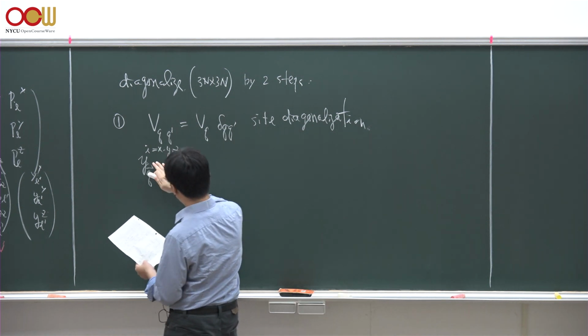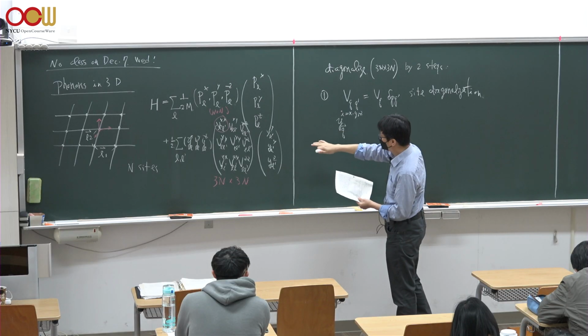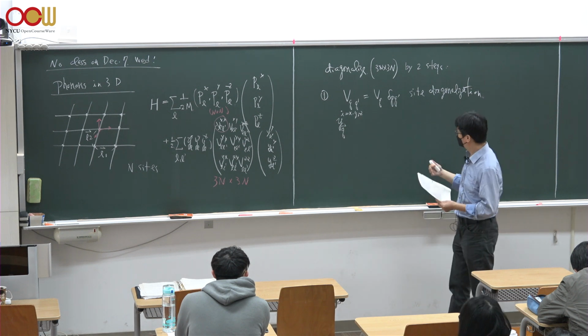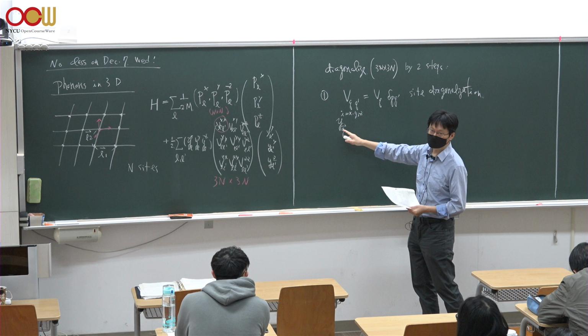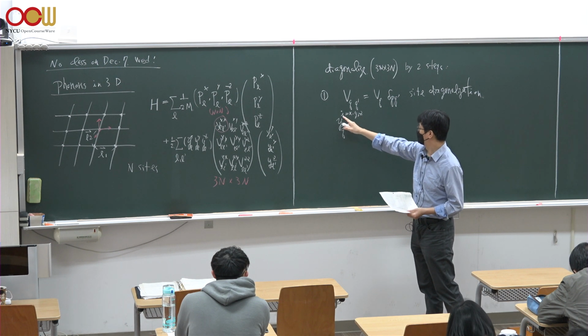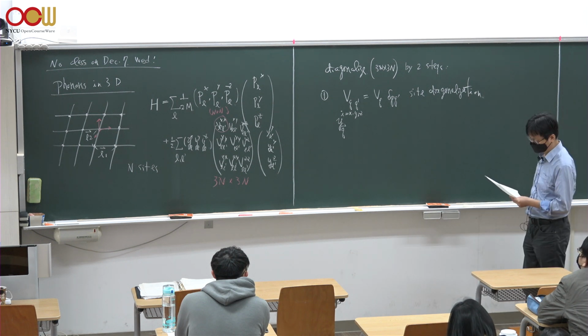Therefore the first diagonalization involves only y on site L and L prime, but then we transform this y_L or L prime into the normal mode basis y_q, where this xyz is still xyz in the first step of diagonalization.